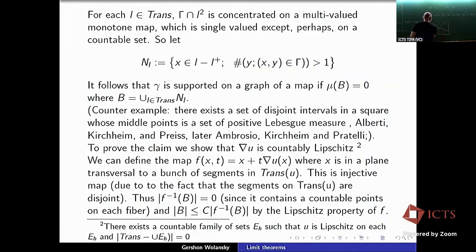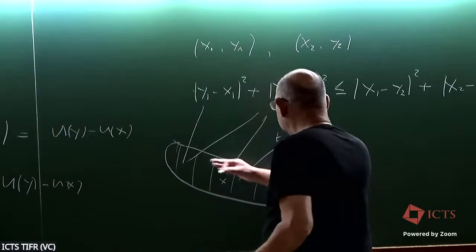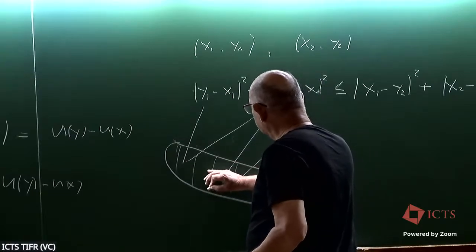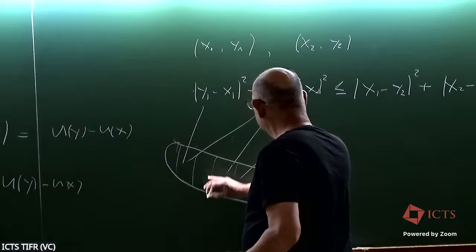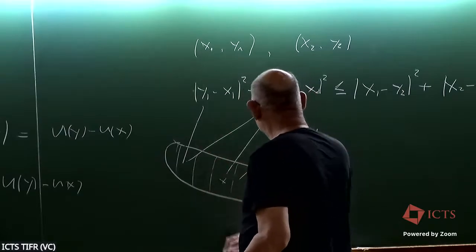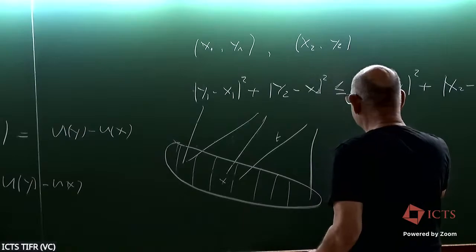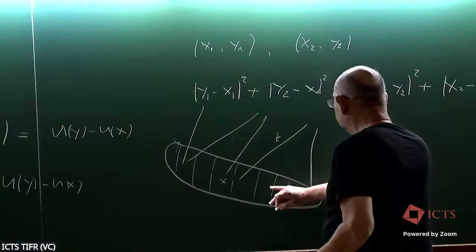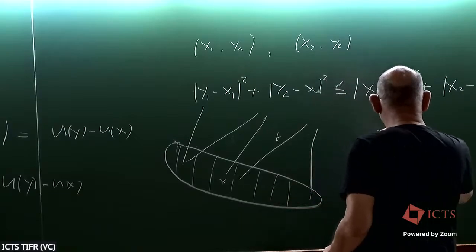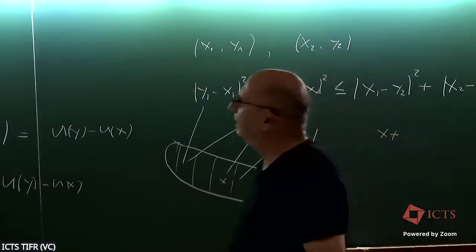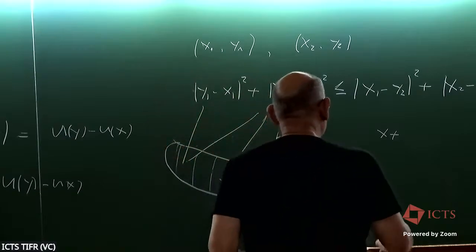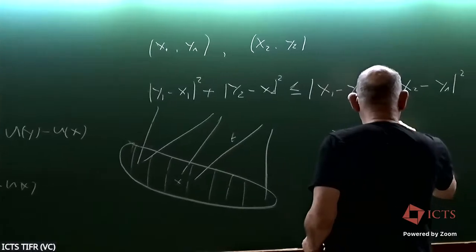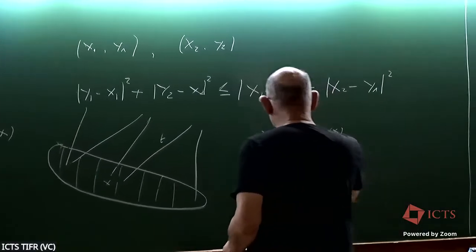Take a piece of the space, call it x, an n minus one dimensional piece of the space, which transverses a bunch of lines, and define the mapping from x on the base space plus t, gradient of u at x, call it f(x, t).